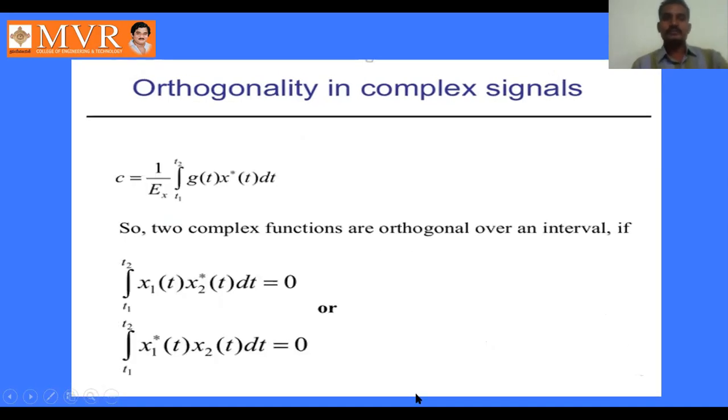So c can be extracted as 1 by Ex integral t1 to t2 g of t into x star of t dt.